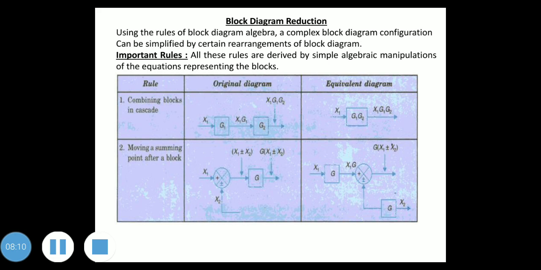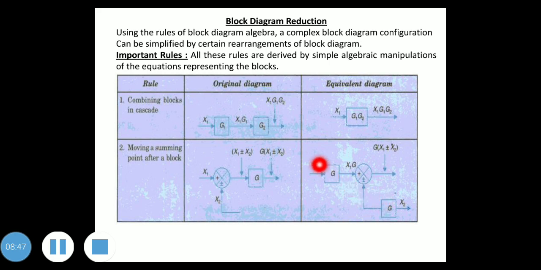So what we get is, this summing point will be moved here. So this is G, and this summing point will get shifted here. So we have x1 G, but we want the output G times x1 plus or minus x2, which means we have to add a block in series with the summing point, and that block gain is equal to the transfer function of the block which we are going to shift.